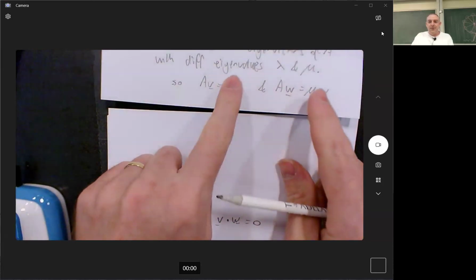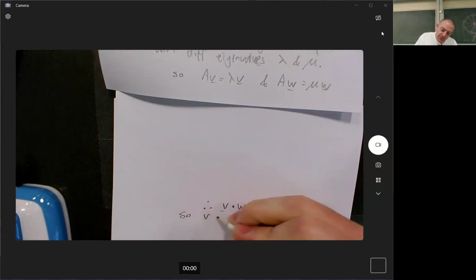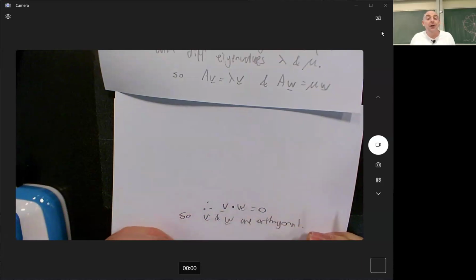That's my goal, somehow to get from here to here. Cool. So V and W are orthogonal. That will be my final line in the proof, because they said show that they're orthogonal. So my final line in the proof should have the word orthogonal in it, so that the person reading it can tell that I've gotten to the end. Okay.